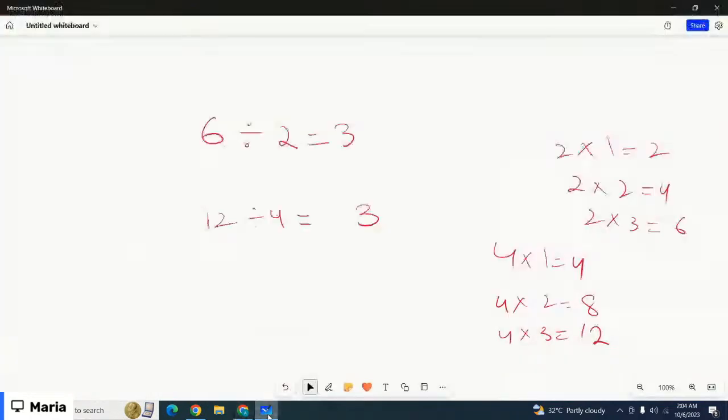The next one is 20 divided by 5. How do you divide 20 by 5? You need to count a table of 5 until 20. So 5 times what number is 20?